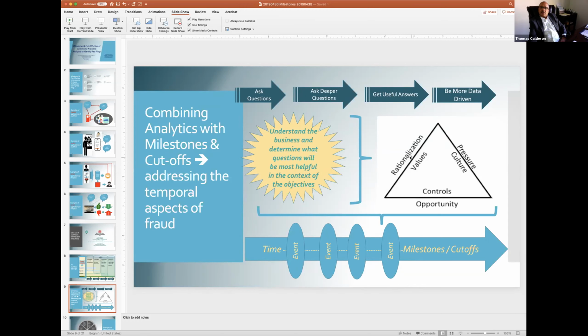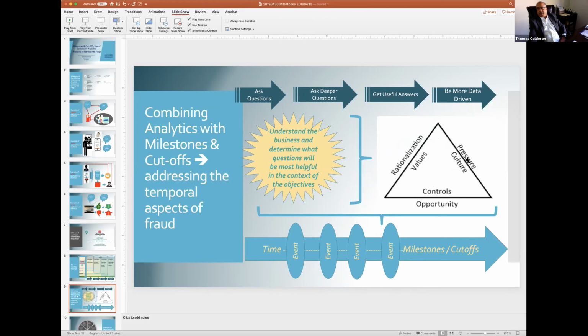Now that's useful information to know, because based on the fraud risk standard in the United States and in other countries, we know that fraud occurs in situations where people have opportunity to commit fraud, or in situations where there is pressure.